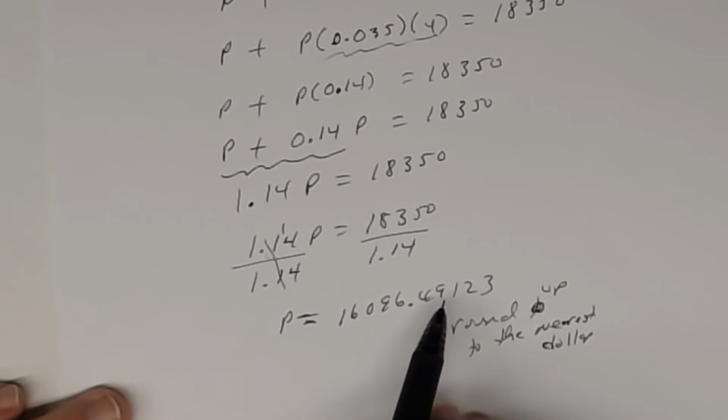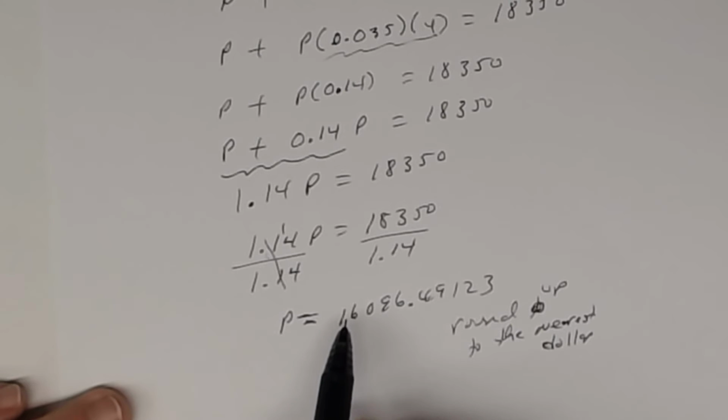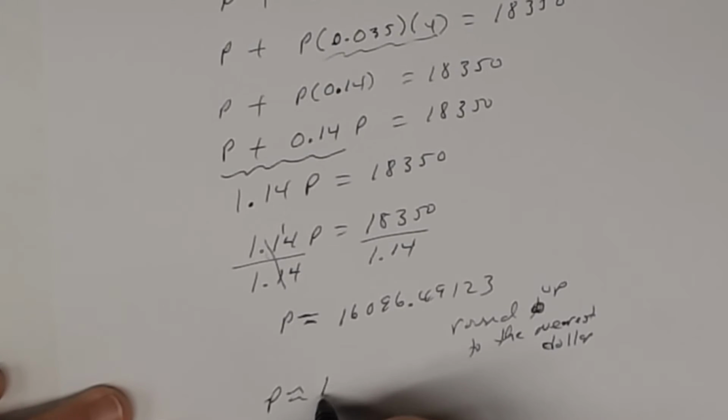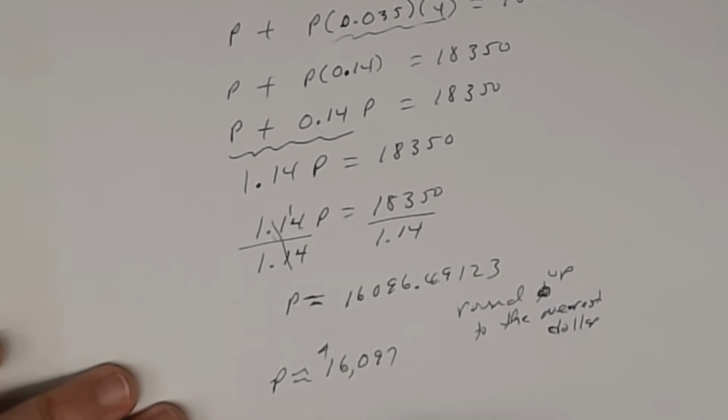So round up means to make the number larger than this decimal. So 16,096 point whatever this is, rounded up to the nearest dollar is 16,097. So you can say P is approximately equal to $16,097.